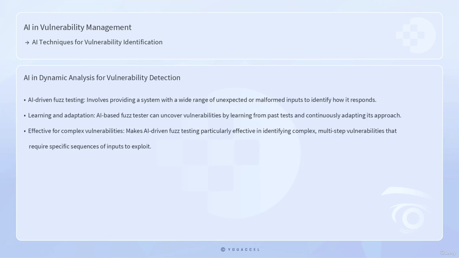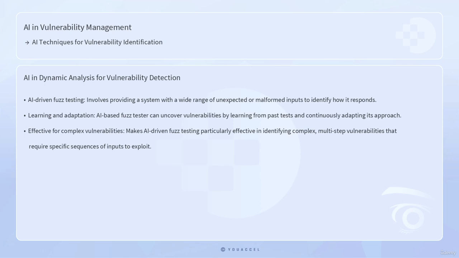AI techniques can also enhance the process of dynamic analysis, where a system is tested in a runtime environment to identify vulnerabilities that may not be apparent through static analysis. For example, AI-driven fuzz testing involves providing a system with a wide range of unexpected or malformed inputs to identify how it responds.